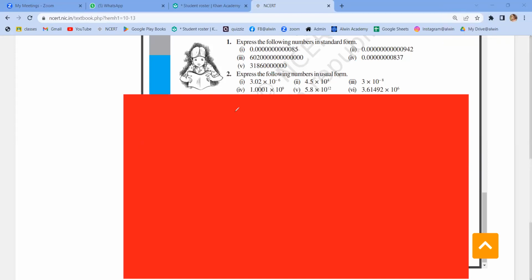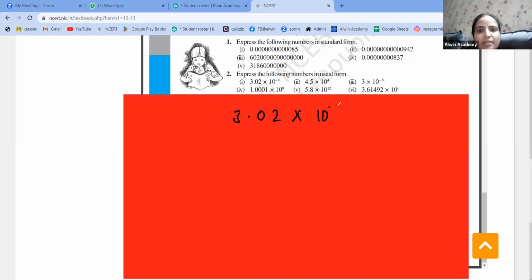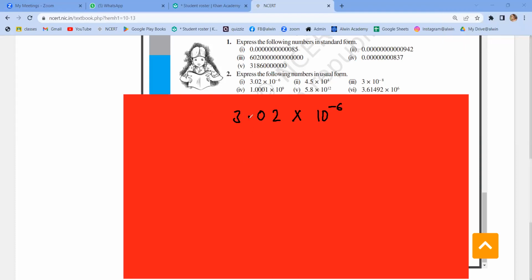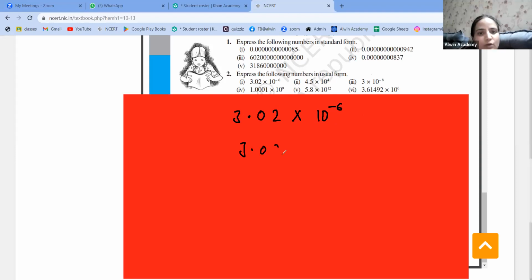This is 3.02 into 10 to the power minus 6. Now they want you to write this in usual form. Now in usual form we'll go reverse the way, है ना? So this is 3.02 by 10 to the power 6 means this, right?